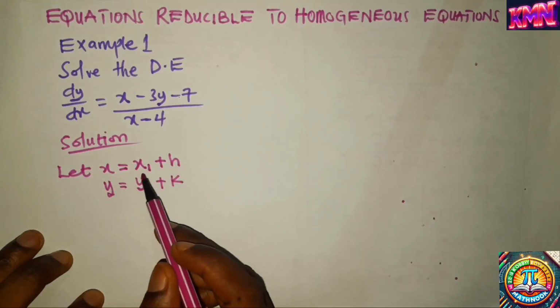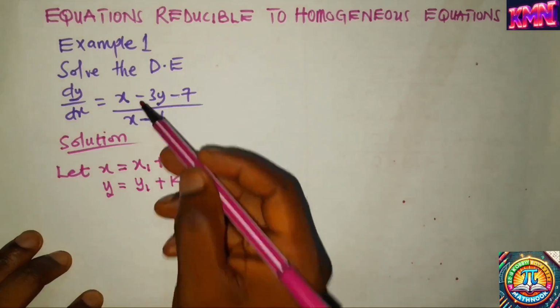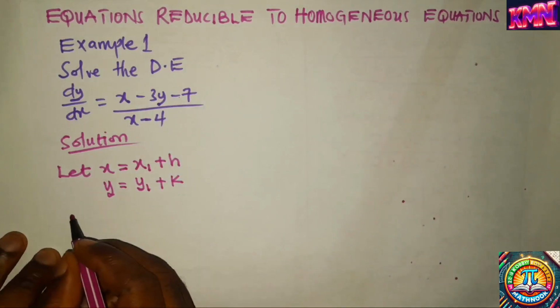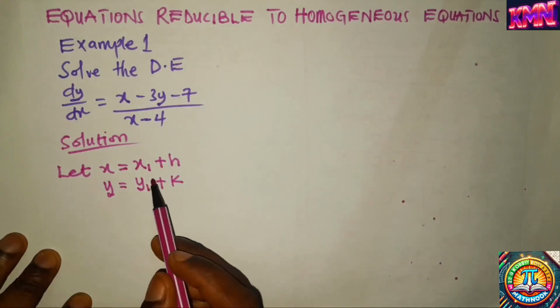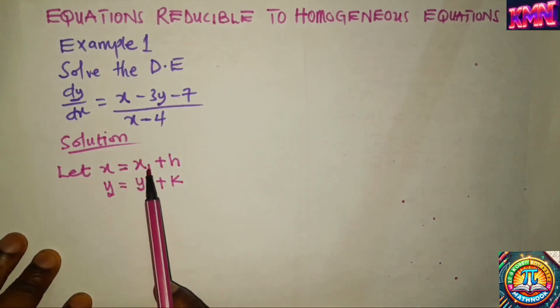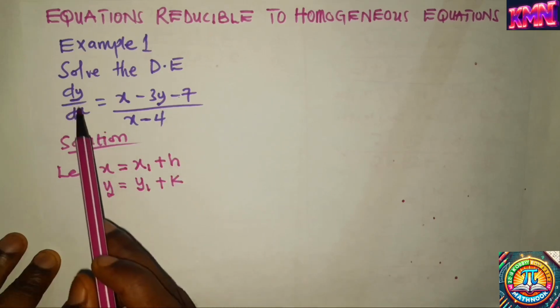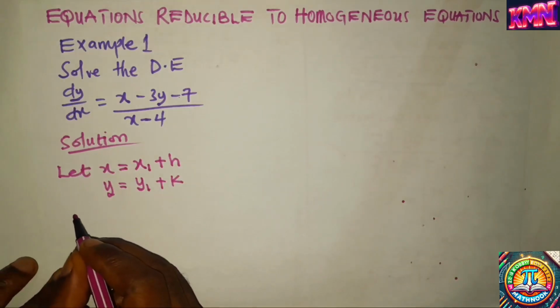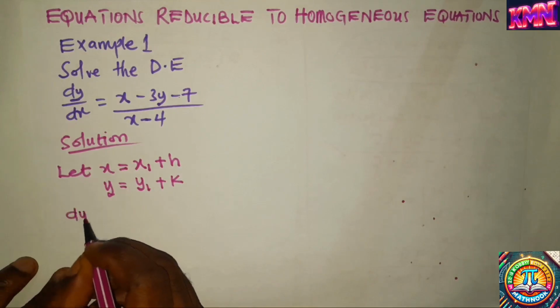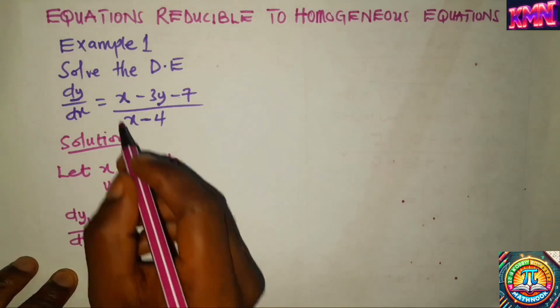Let's replace x1 plus h and y1 plus k into the function. So when that happens, you can see that now the variables are no more x, they are now x1, and the y variable is no more y, it's now y1. So this needs to also change. So now it means our dy/dx now becomes dy1/dx1 equals our x is now this.